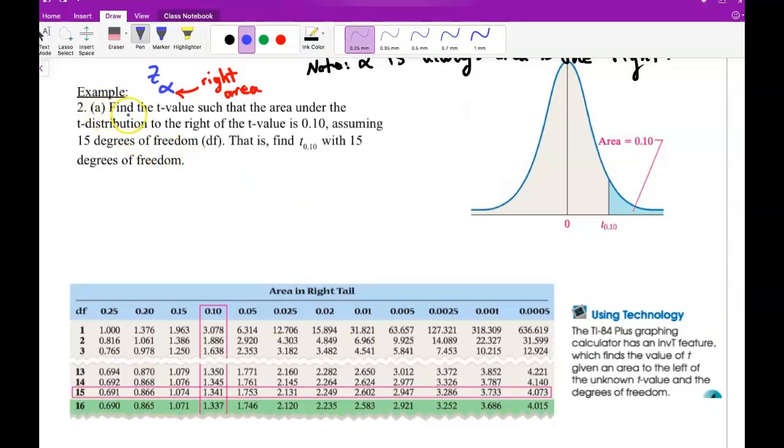Okay, now example 2. Find the t-value such that the area under the t-distribution to the right of the t-value is 10% and degree of freedom is 15. So finding t. So here we have 15.